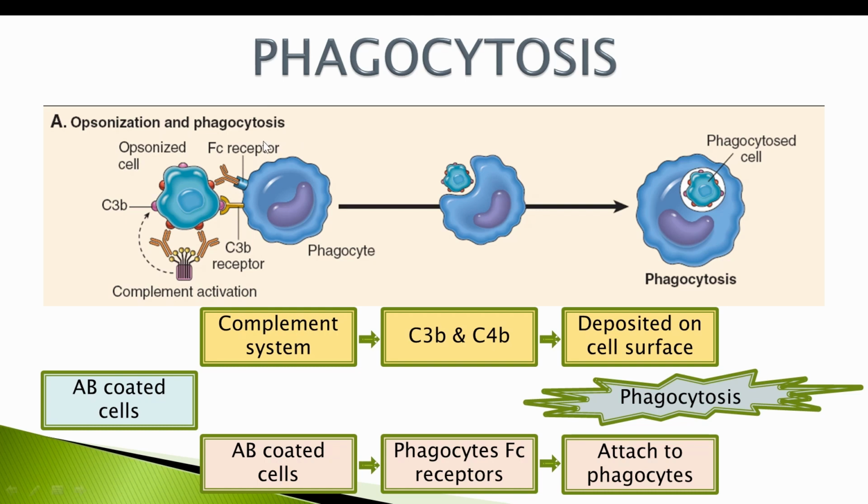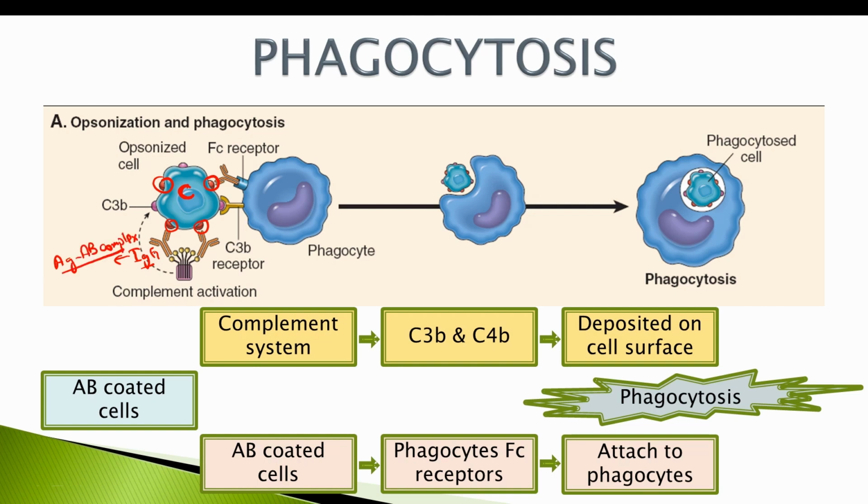The complement dependent type 2 hypersensitivity reaction also implies phagocytosis. So let's say this is a cell which is marked by the presence of antigens. IgG antibodies are attached to these antigens, forming antigen antibody complex.